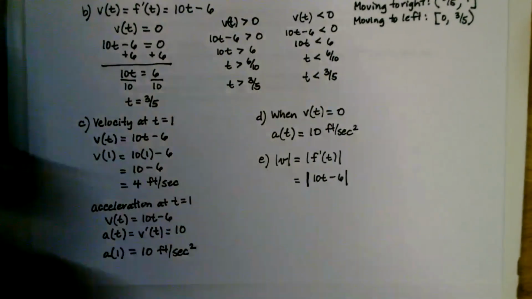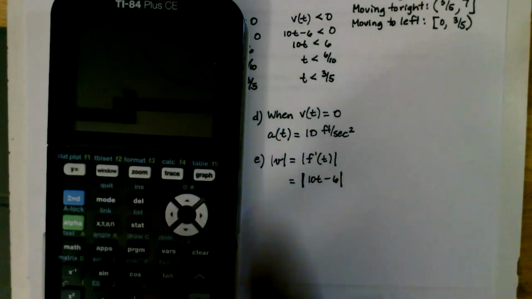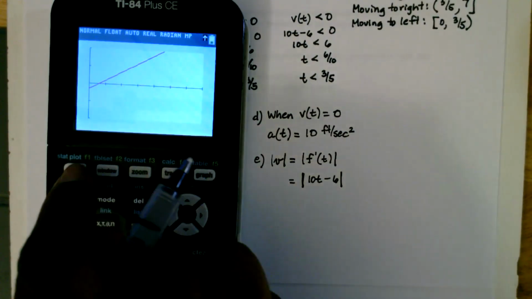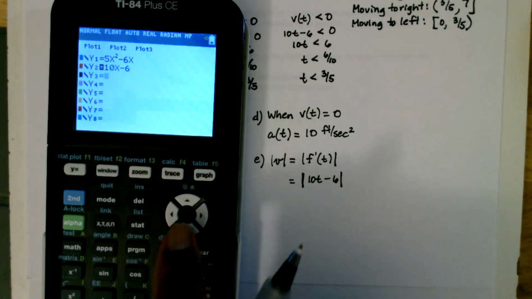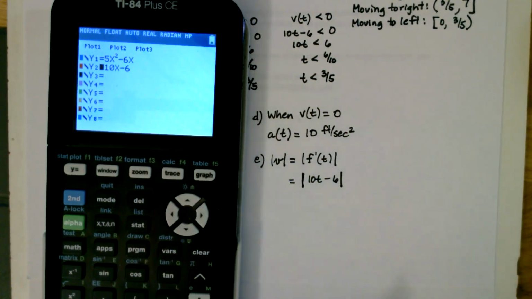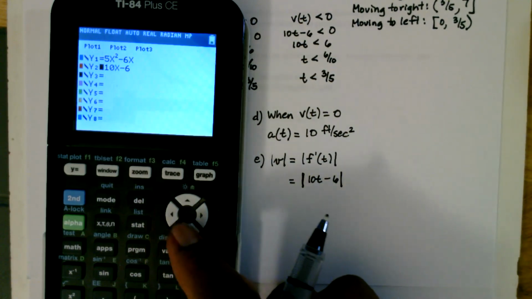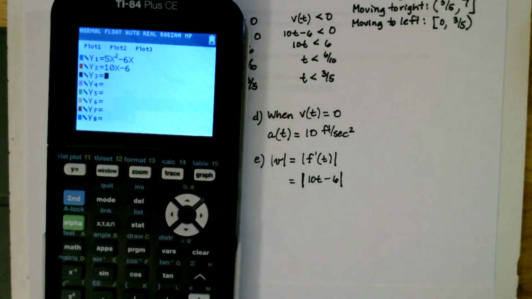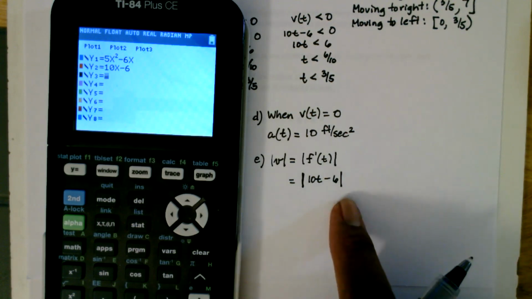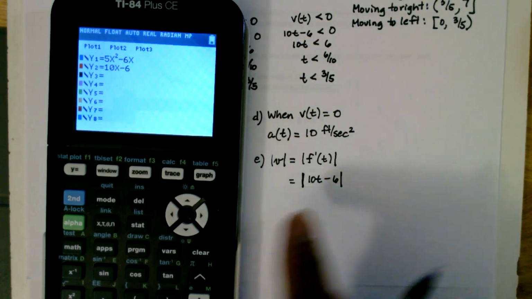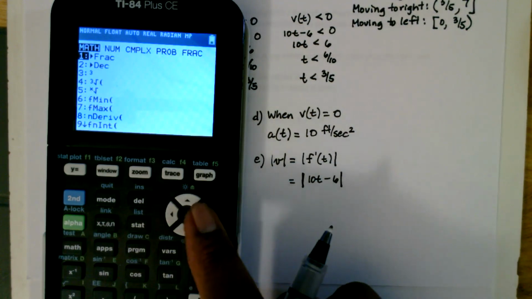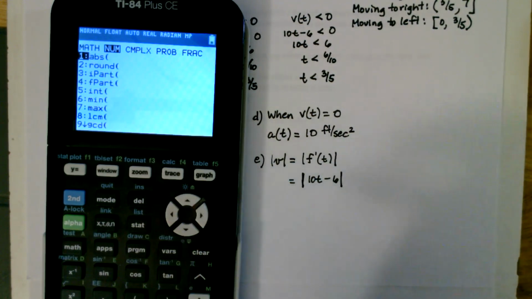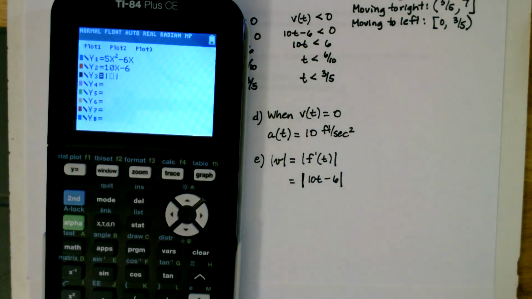Okay, now what I'm going to do here is graph this on my calculator. So I'm going to go to y equals 2, and I'll put the cursor on top of the equal sign and hit enter to not include that. Now to enter the absolute value of 10t minus 6, I'm going to press the math key, go under the number menu and select ABS for absolute value, and it will give you the two absolute value bars.